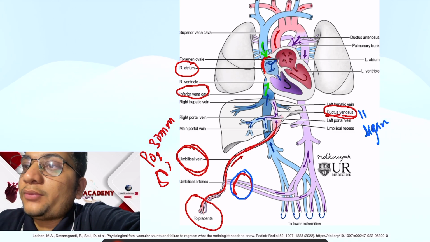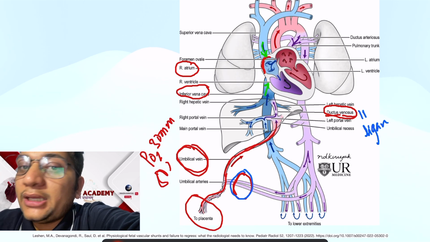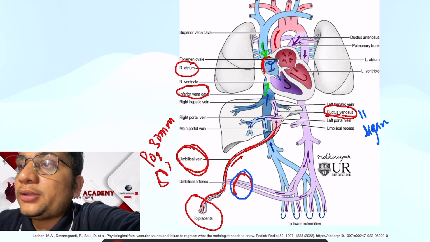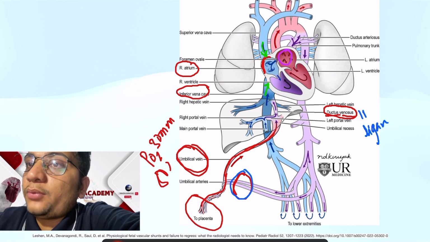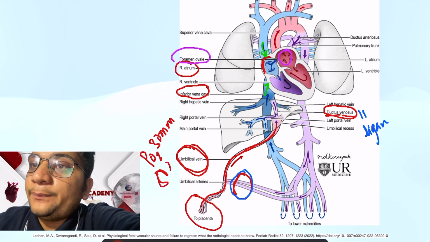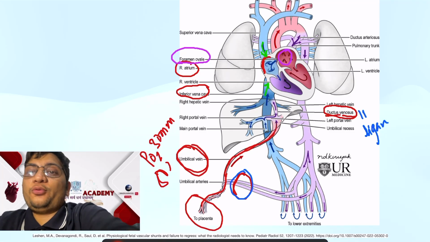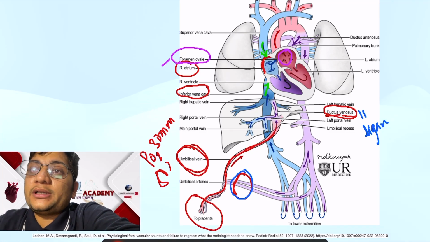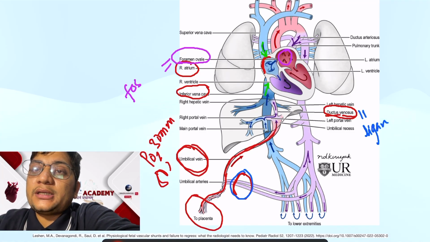So the blood from the right atrium now bypasses the right ventricle and enters into the left atrium through this opening which is known as foramen ovale. The foramen ovale in the postnatal life persists as fossa ovalis.